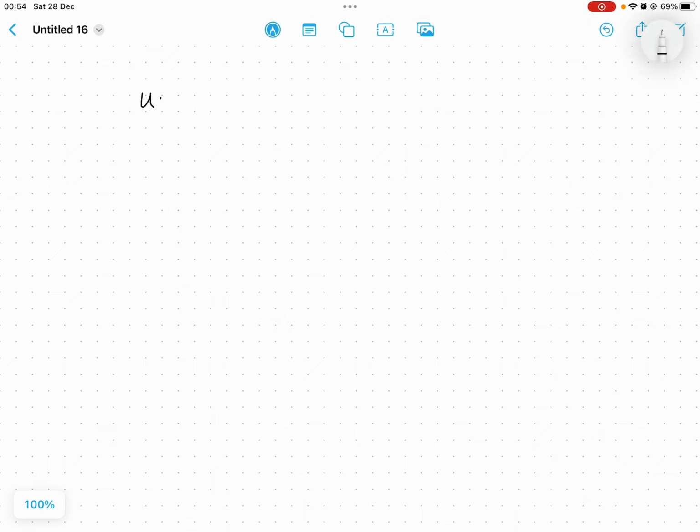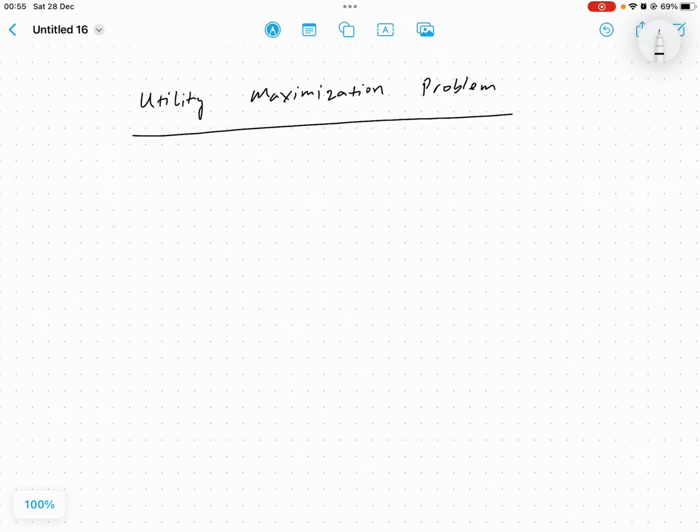So this is the utility maximization problem. Okay. So in short, a utility maximization problem would be nothing but just a standard optimization or maximization problem, under some certain constraint, and it's nothing but this.